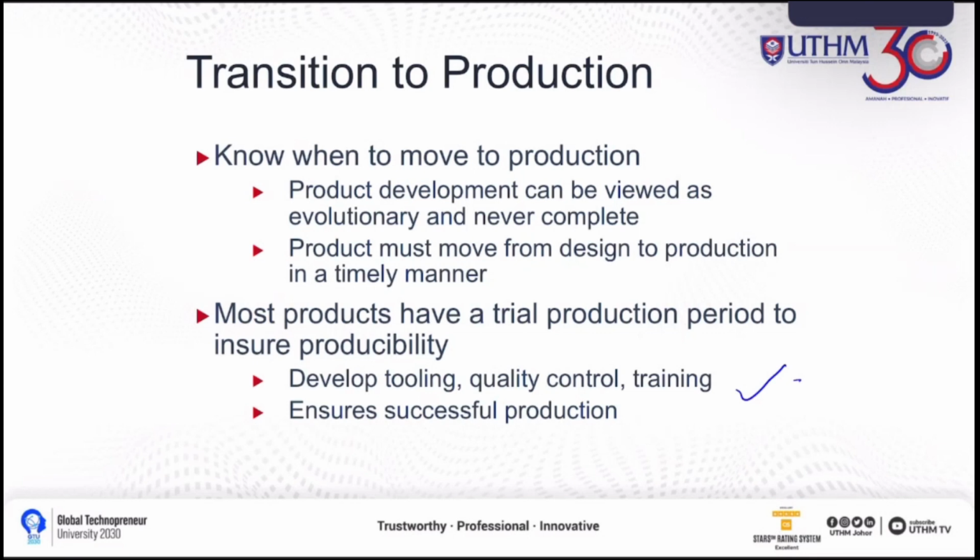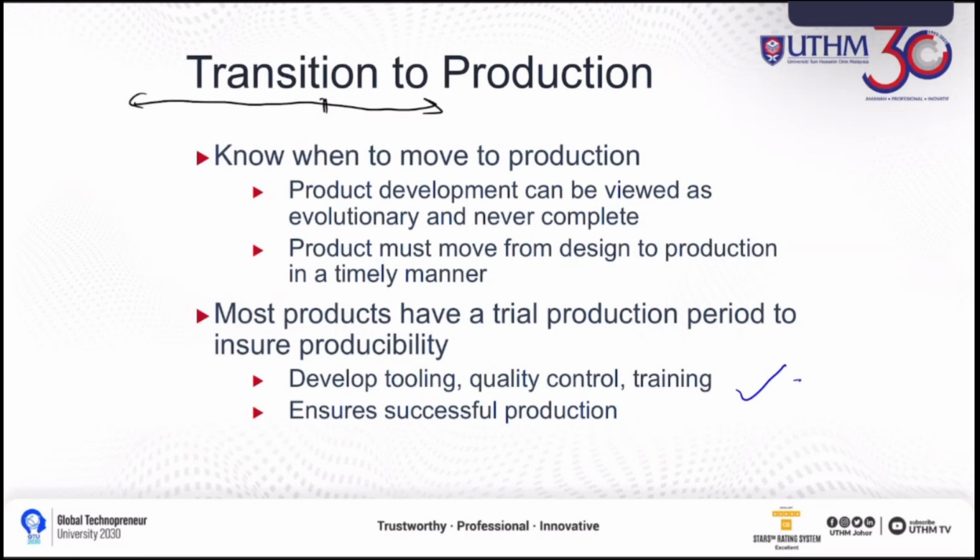Product development can be viewed as evolutionary and never complete. Yes, of course, but the product must move from design to production in a timely manner. So you need to make sure your project plan achieves the project timeline. When can you produce the product? You need to have a timeline for that.